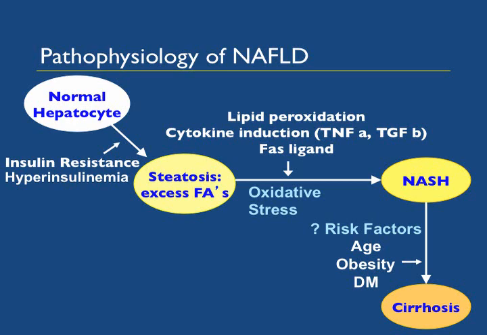And these fatty acids undergo oxidative stress, and this leads to an inflammatory component, and these patients develop NASH. What determines the progression of NASH to cirrhosis is not entirely clear, but there is evidence to show that increasing age and features of metabolic syndrome, specifically obesity and diabetes, may play a very significant role in this disease progression.